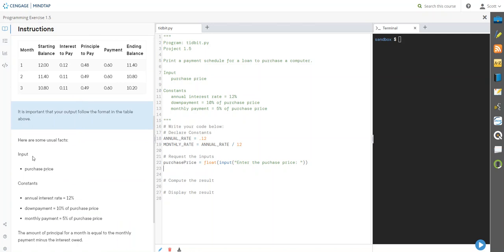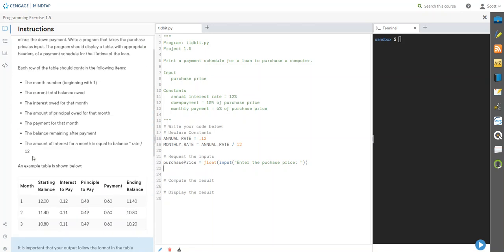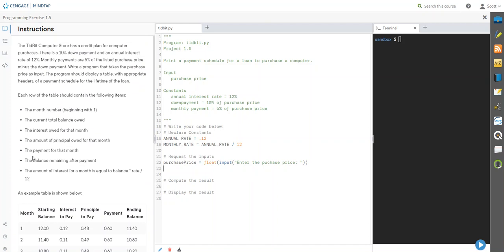Let's calculate the down payment, because they said down payment is 10% of the purchase price. All right. Now that I have purchase price, let's figure out what down payment is. So this is a calculation. So this is computations that's taking place.